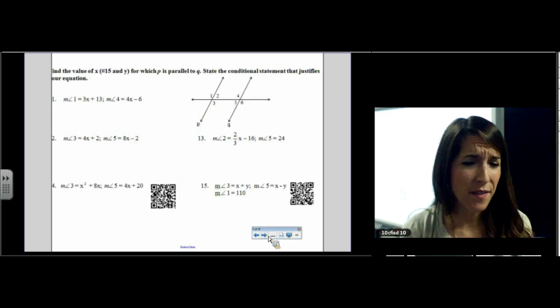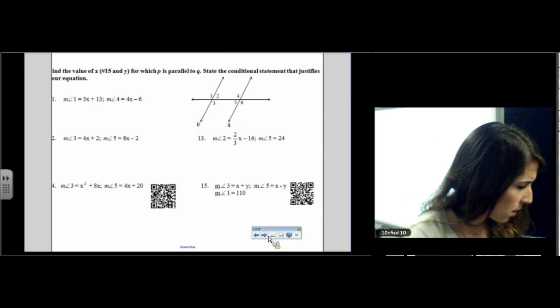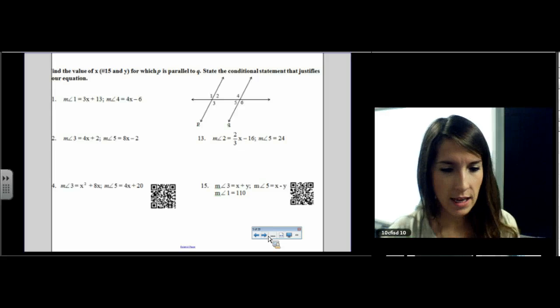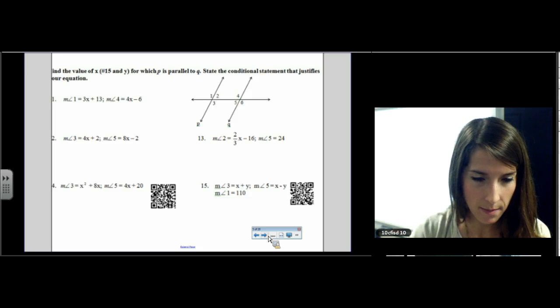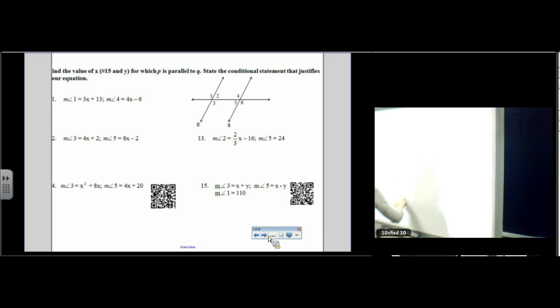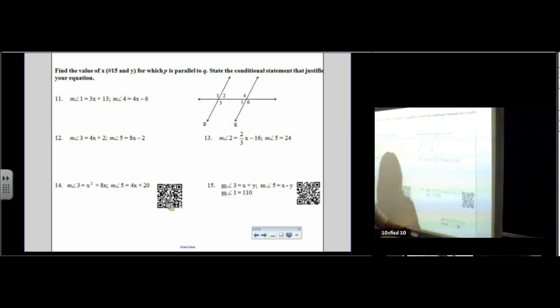Okay guys, I already made a video for 14, so the only thing you were asking me about was why the negative x wasn't one of the answers. Is that what you're asking me about? On number 14, why can't x be negative 20? So the reason why, because that was the other thing you got when you factored it.